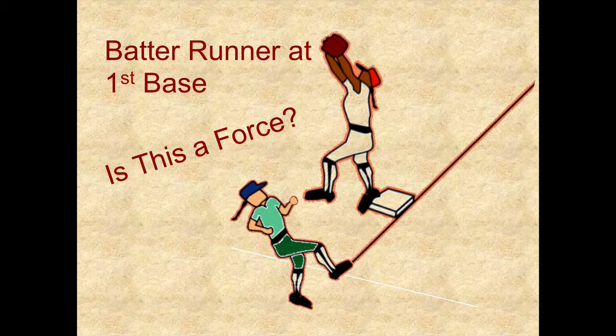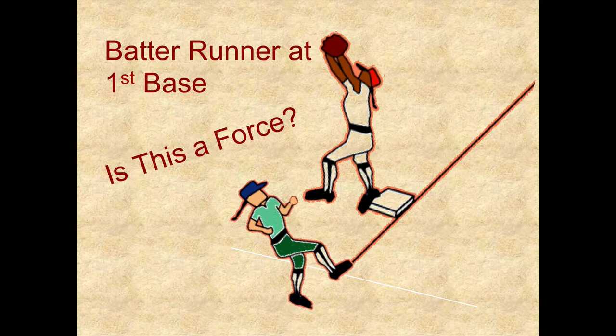Here's the batter runner coming to first base and the fielder's catching the ball. Is this a force out? Technically, it is not, because the definition, and here we are, we're in Rule 2, definitions. The definition of a force is that a runner is forced to vacate a base because the batter became a runner.